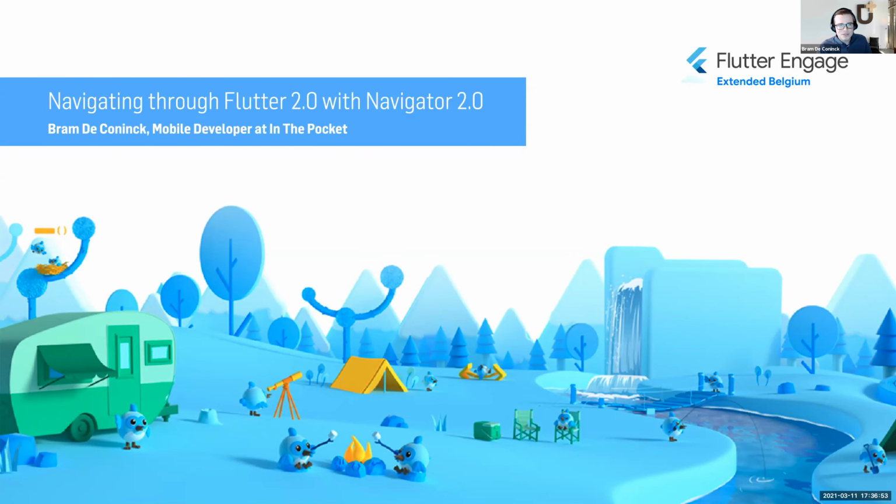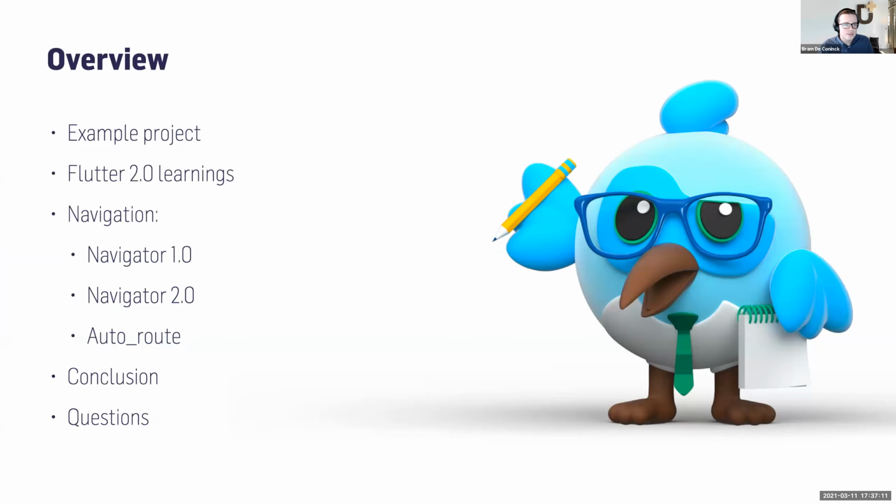And then also I was going to talk about Navigator 2.0. So I thought, why not add 3 different types of navigation to an example project? The original Navigator, Navigator 2.0, and also Navigator 2.0 using a package. So let me show you the overview of the talk. First, I'm going to introduce you to the example project.